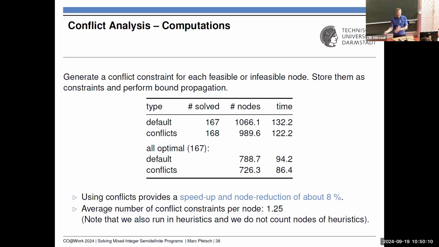It's not only learning from infeasible nodes, we can also learn from feasible nodes by doing just the same thing. You just aggregate, write down an inequality, store it, and apply it whenever it helps. Okay, that was conflict analysis in a 5-minute rundown.